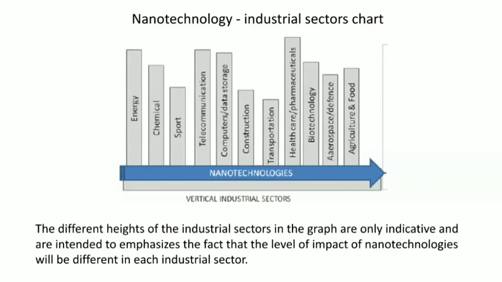The different heights of the industrial sectors in the graph are only indicative and are intended to emphasize that the level of impact of nanotechnology will be different in each industrial sector, and it also depends upon our daily use, because we are highly dependent on healthcare and pharmaceuticals.